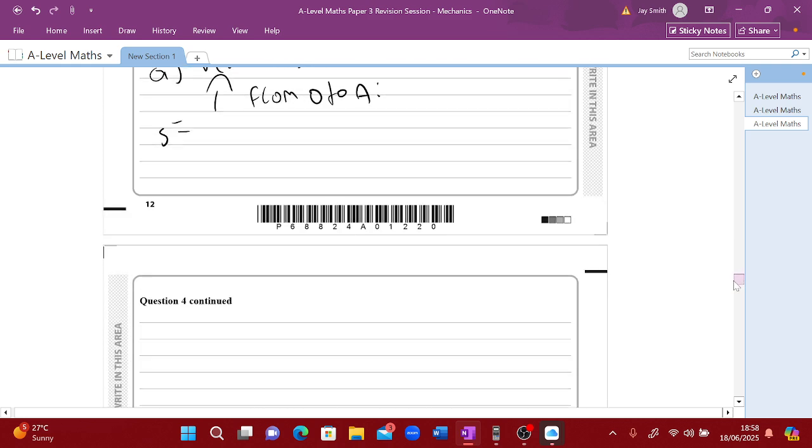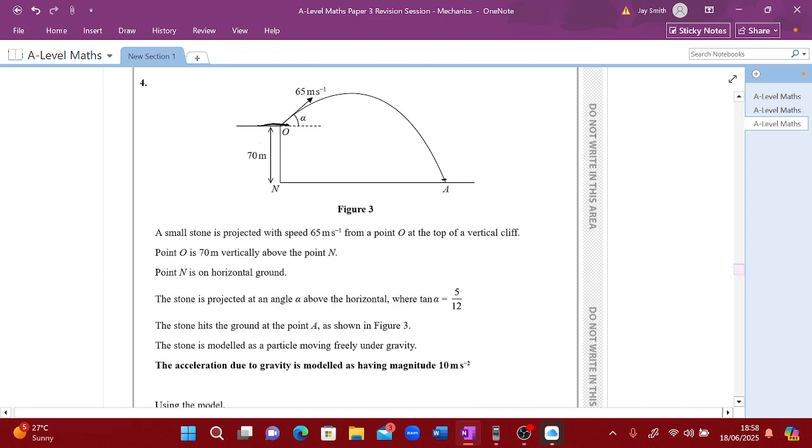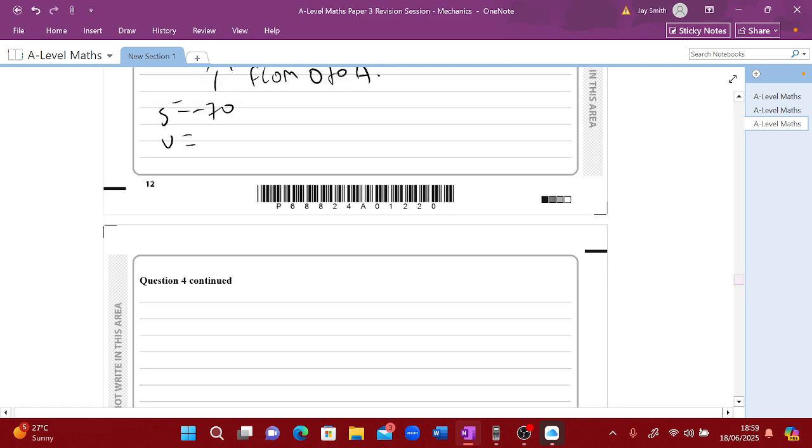So it's minus 70. For U, again, we resolve the speeds: the horizontal component is going to be 65 cos alpha, and upwards is going to be 65 sine alpha. So the initial vertical speed is going to be 65 sine alpha.